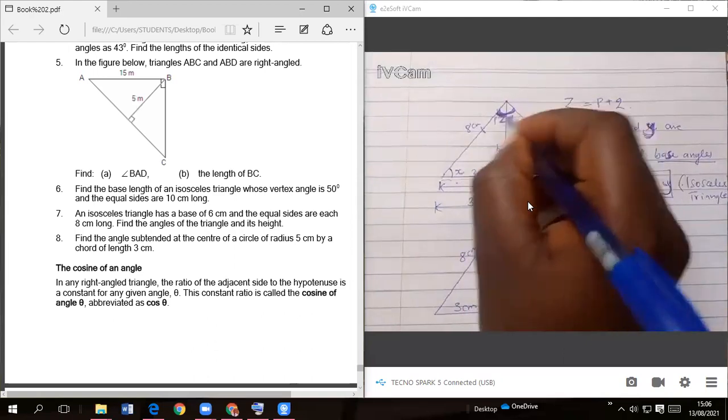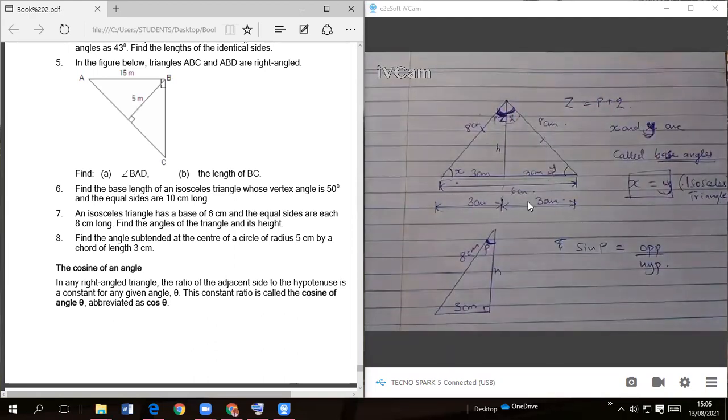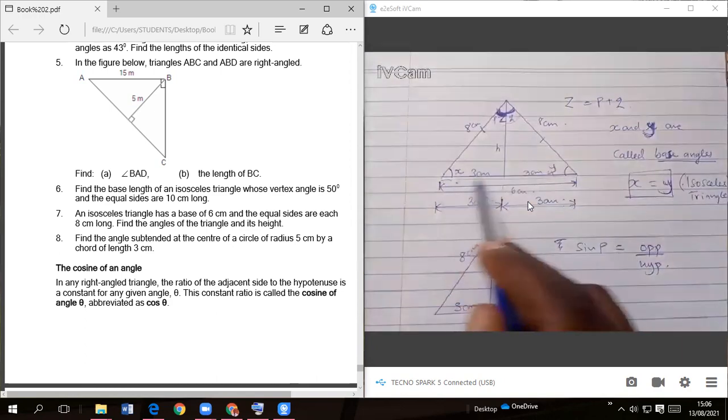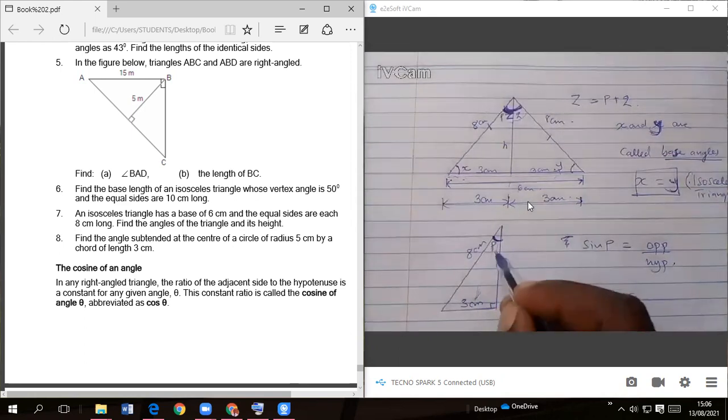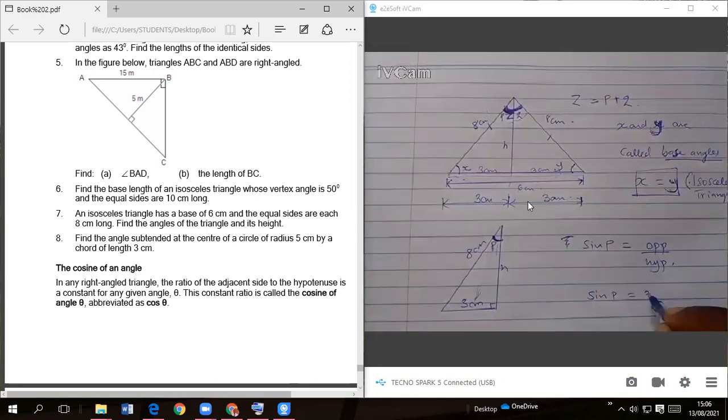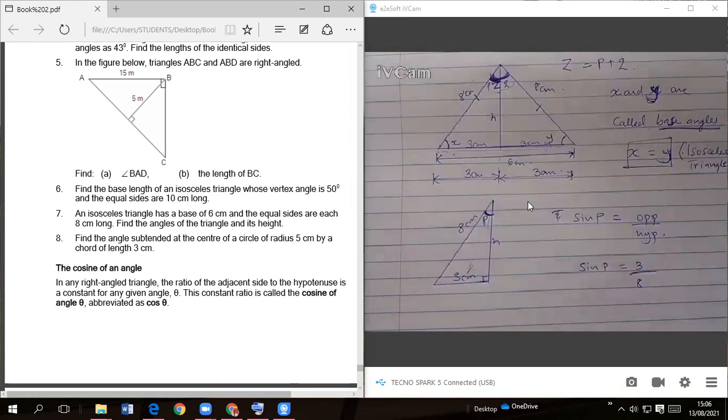Alright, so sine P is equal to the opposite. The opposite of P is 3, and the hypotenuse is 8. So sine P is equal to 3 over 8. That means that P equals the sine inverse of 3 over 8.